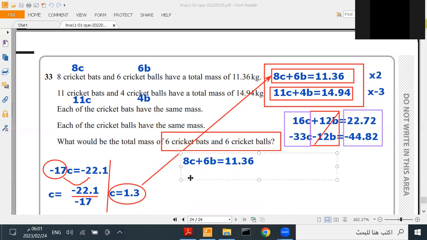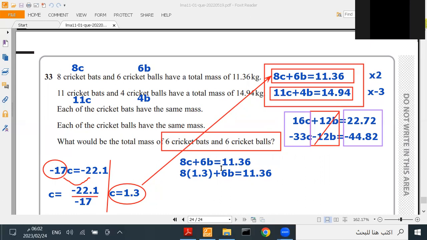I'll use this. And since I found that C equals 1.3, it means we write 8 multiplied by 1.3 in brackets, and then plus 6B equals 11.36. Okay. What I did is that here, instead of C, I put 1.3, as it came out for us here. I took it, I put it instead of the C, which we call the substitution.